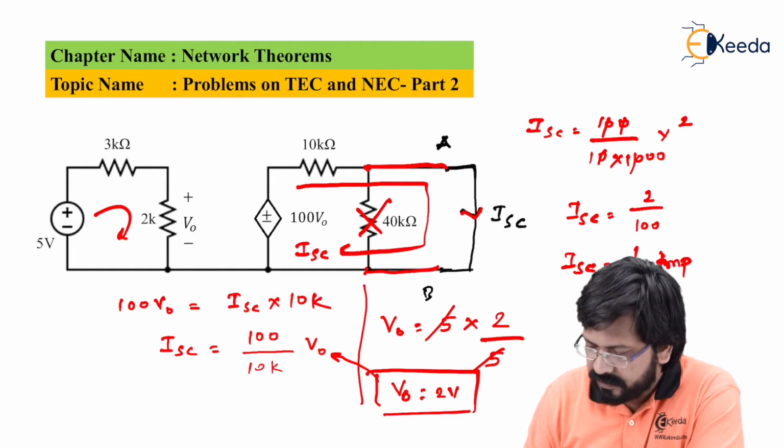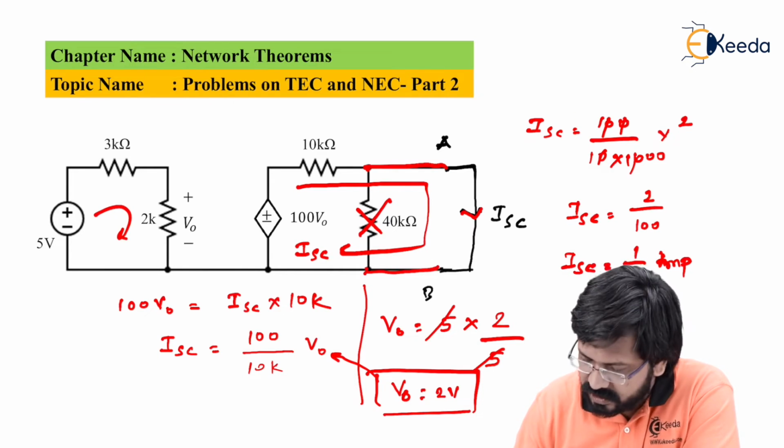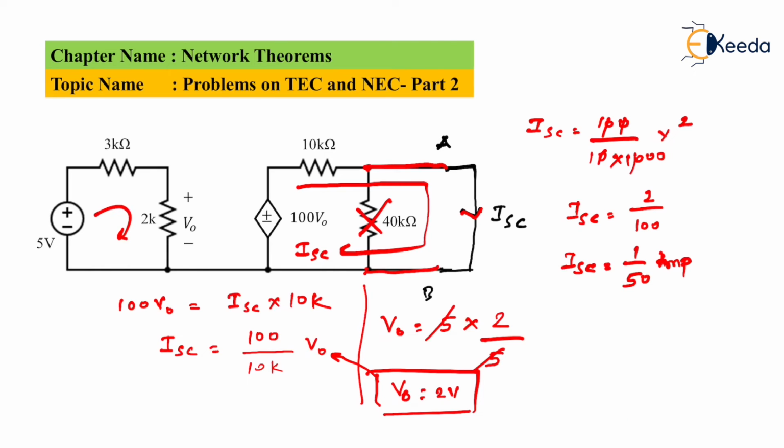Once you get ISC, you have to get the VTH upon ISC ratio in order to get the value of RTH. As we can see on the screen, we already have the value of ISC now. So to get the value of RTH by the standard formula, RTH is simply VTH upon ISC. In the last slide, we have seen VTH was 160 volt.